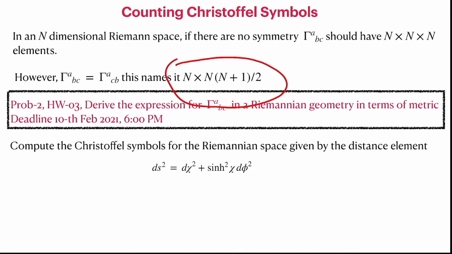So you have to calculate the connection coefficient or Christoffel symbol for this metric, and the deadline for this homework is on the 10th February. This is the second problem for homework 3. So you have a deadline on the 10th February at 6 p.m.